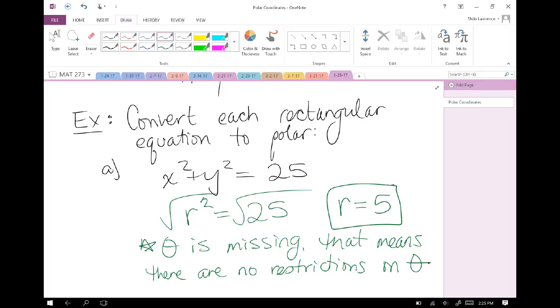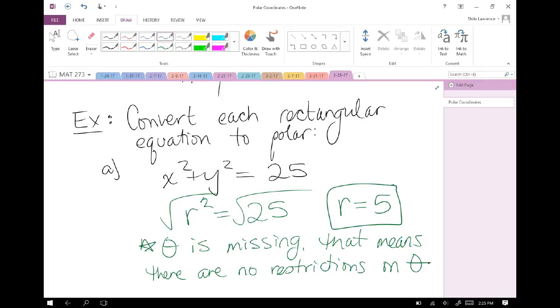So, prime example of what I was saying earlier, a circle is much, much easier to work with in polar coordinates. It's just r equals your radius. r equals 5 is the polar equation for a circle.